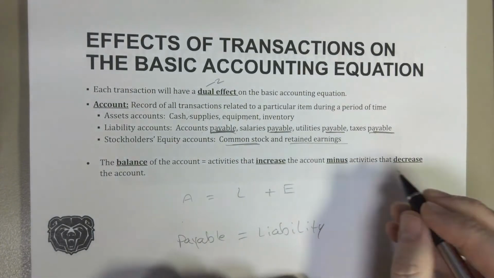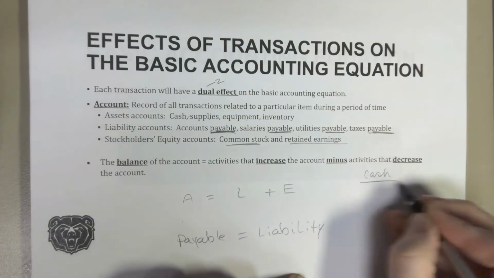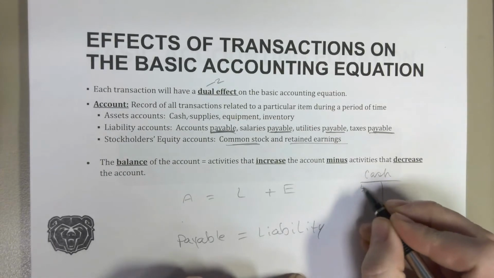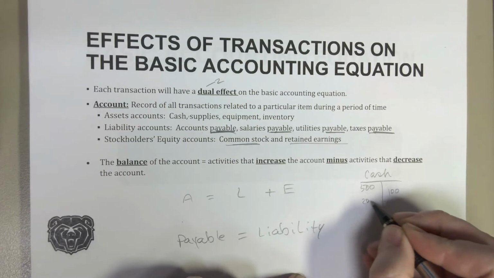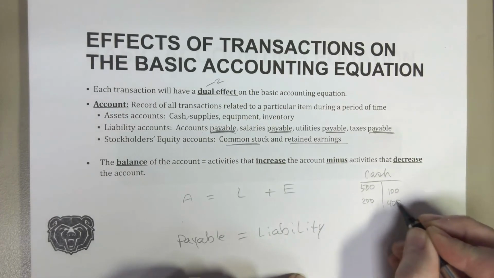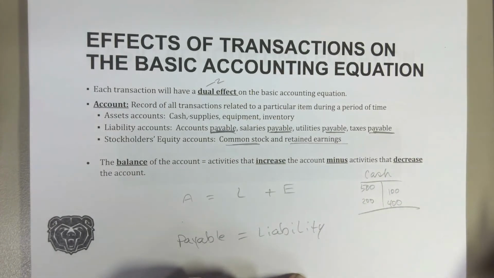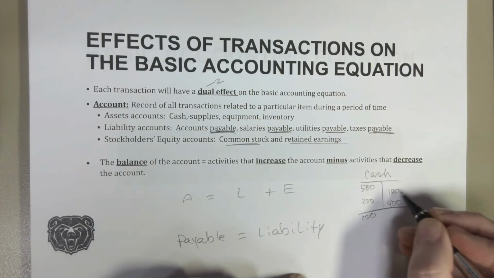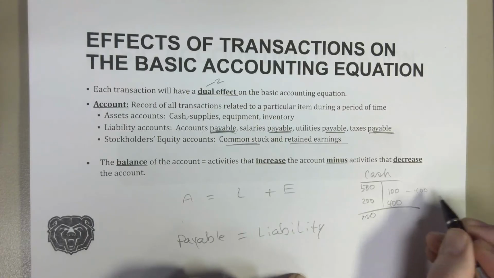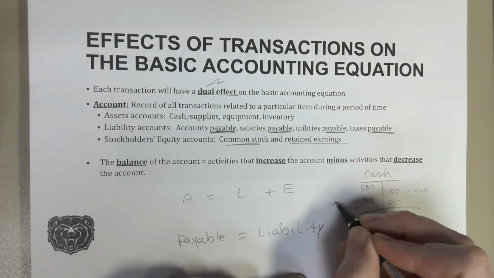So if you have cash, for instance, let's say we start with $500 and we use $100 of it, but then we get another $200 and then we use $400 of it. What is our ending balance? It's $200, right? We had 500, we used 100, that gives us 400. We added 200, that's going to give us 600.